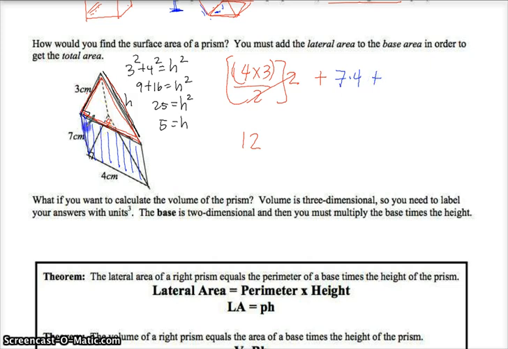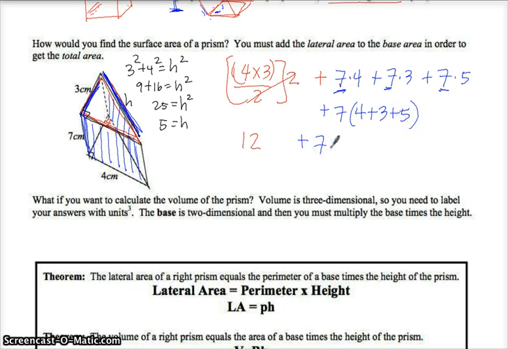I have one that's 7 times 3. And I have one that's, well, we had to find that to get this lateral face, that's 7 times 5. Well, they all have a 7 in common here, so what could we have done? We could have actually factored out the 7 and just done the 4 plus 3 plus 5, which is the perimeter of the triangle.